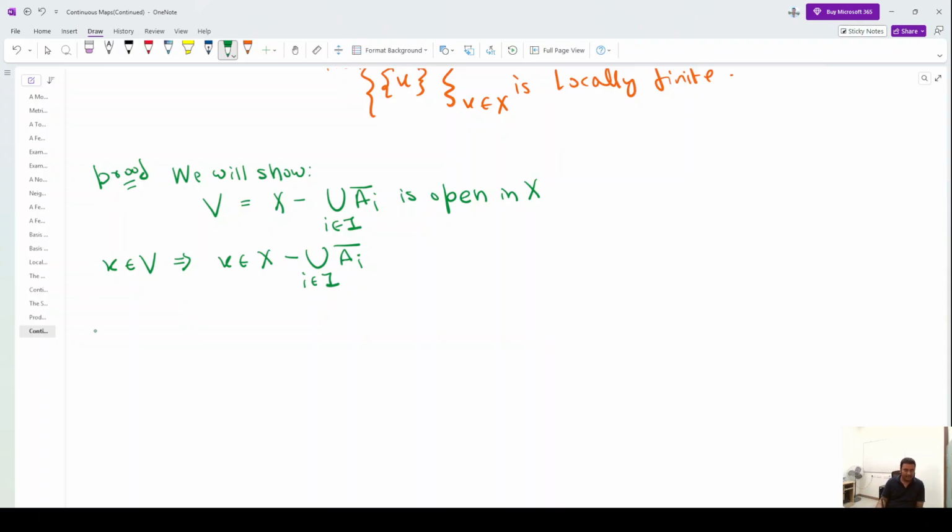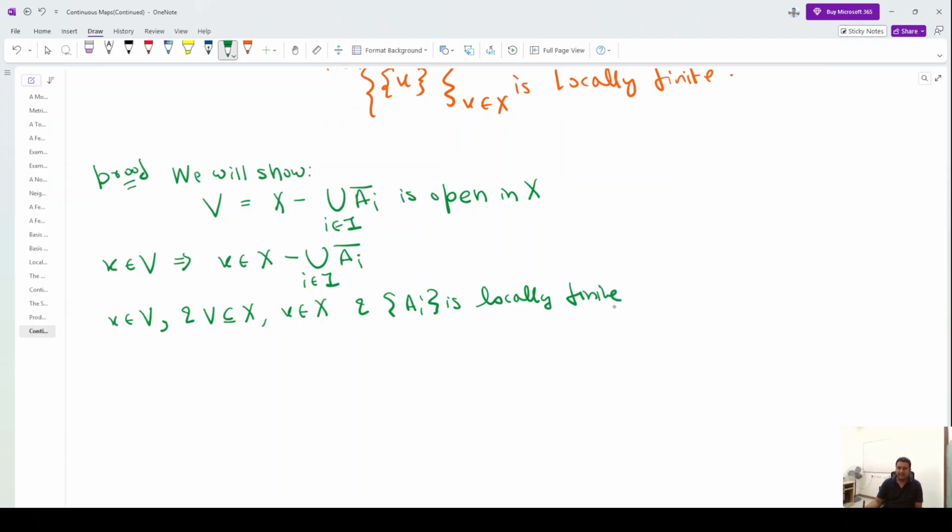Now, since x is in V, and V is definitely inside X, so x is in X. And this family A_i is locally finite, right?